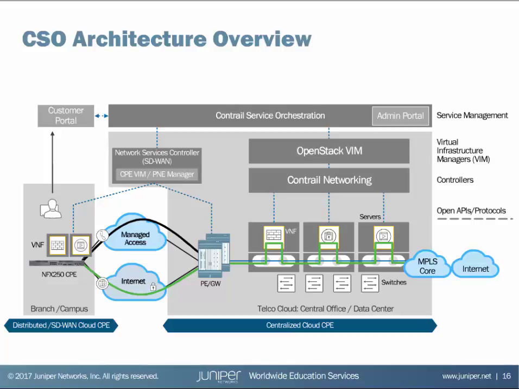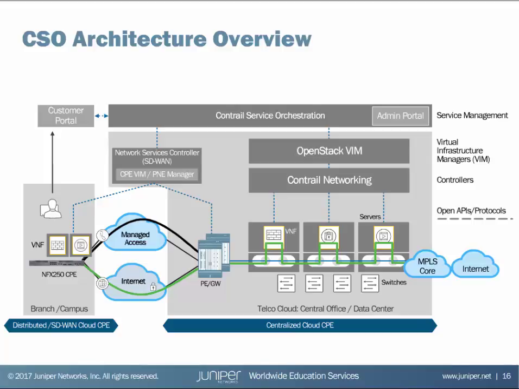Or a couple different components. I can also program physical hardware components. Physical provider edge routers. I can spin up virtual functions on them and configure routing for those as well. But a couple pieces. A customer portal.